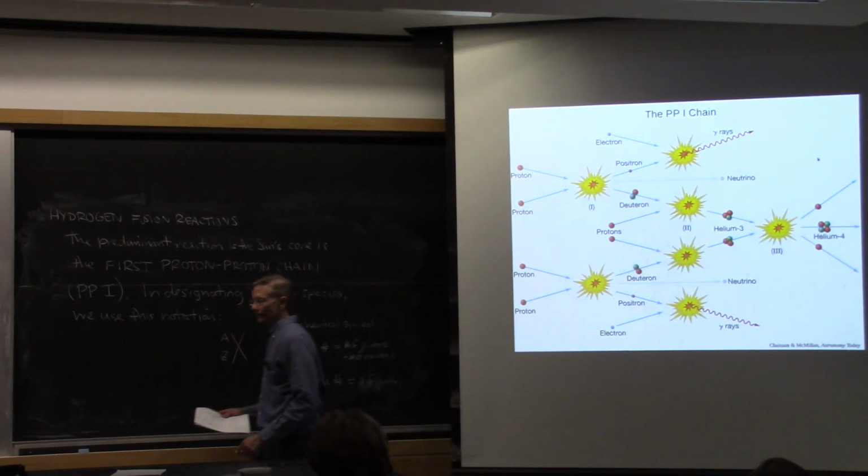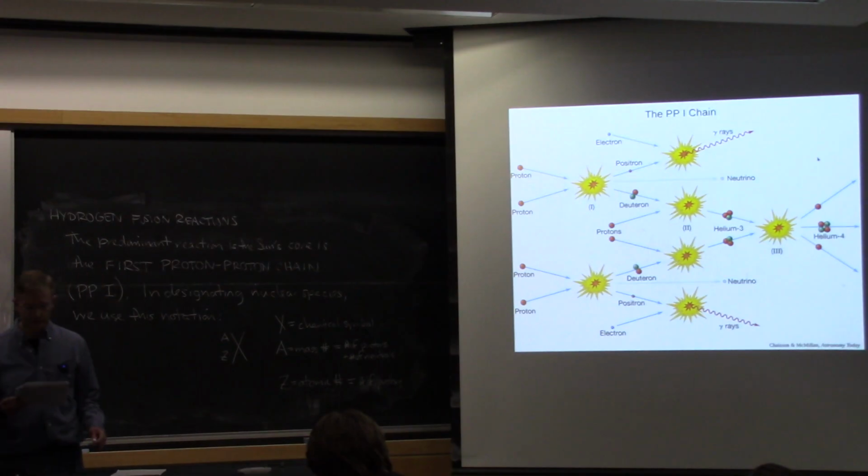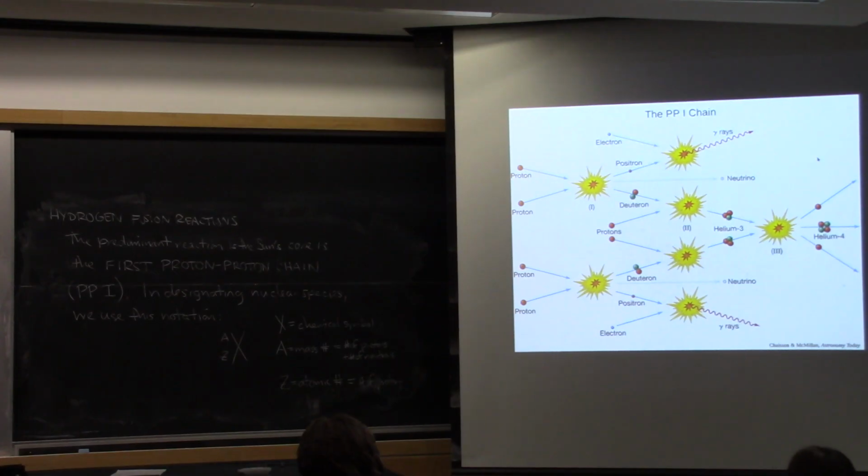Every helium nucleus has atomic number 2. Every carbon nucleus has atomic number, how many protons in a carbon nucleus? That's nitrogen. 6 for carbon, 7 for nitrogen. How about oxygen? That's 8, et cetera, et cetera.